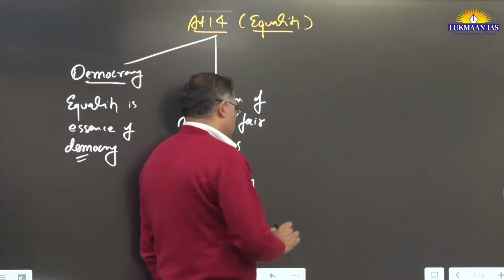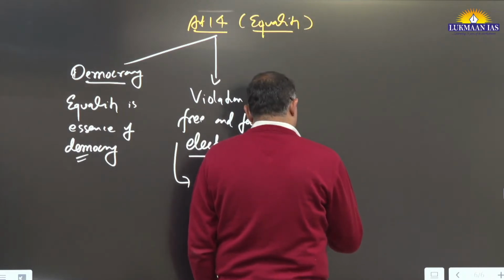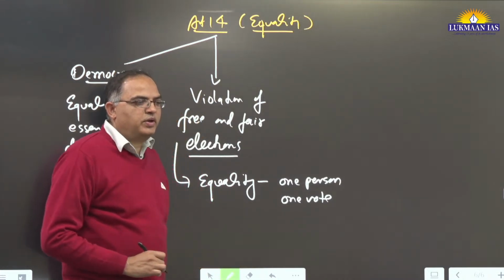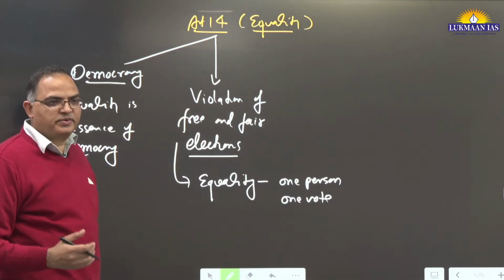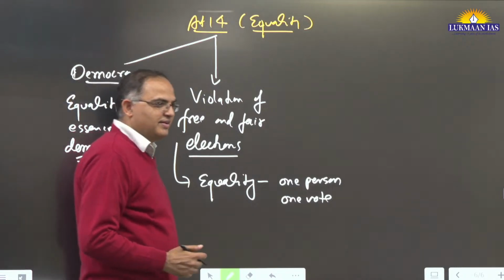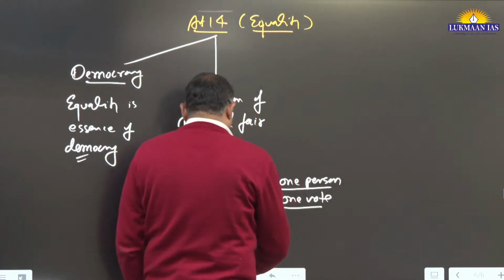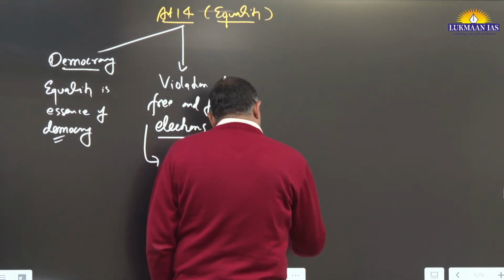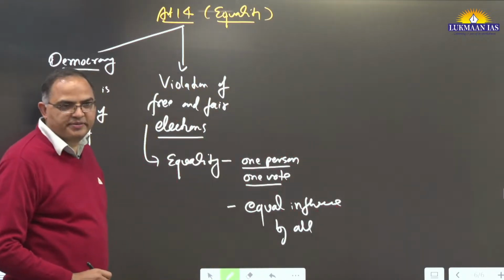How? One person, one vote. So when you have one person, one vote, it is equality. Otherwise, a privileged class can have two or three votes also. Right. What does one person, one vote mean? Equal influence by all.